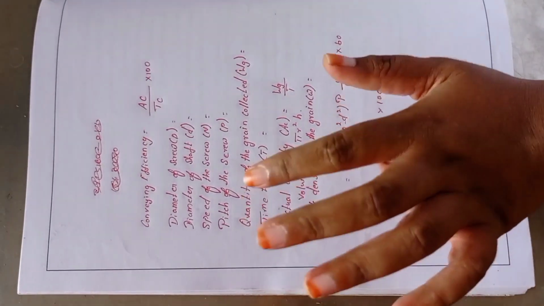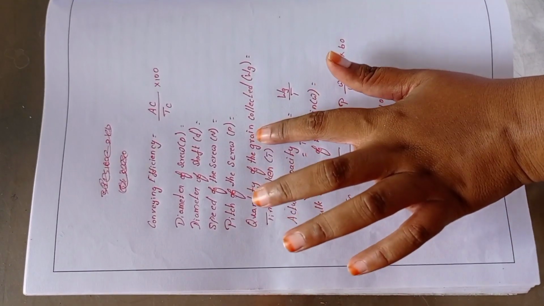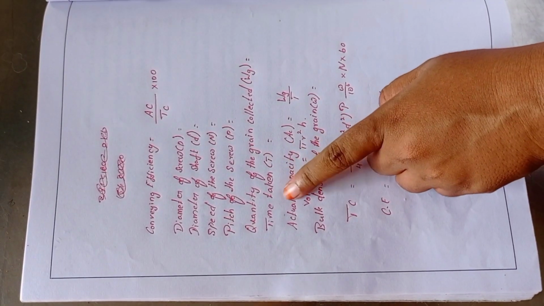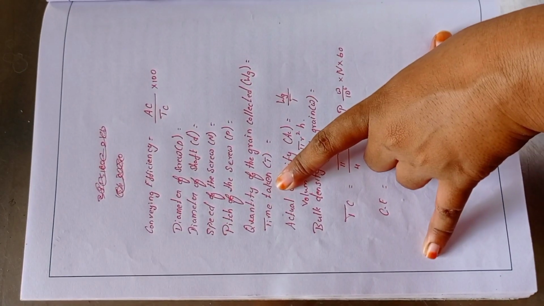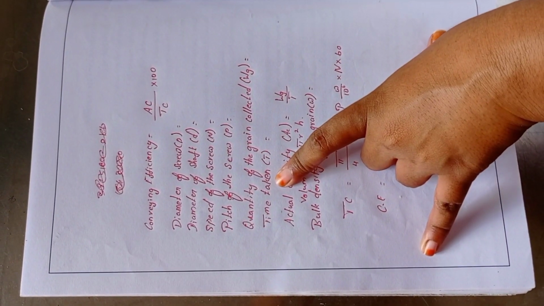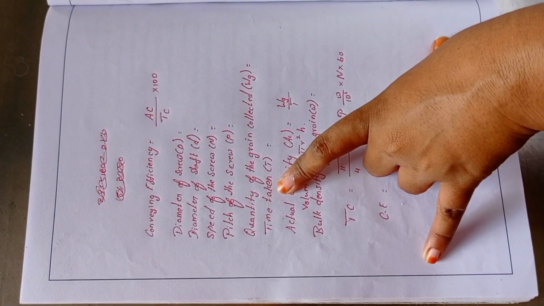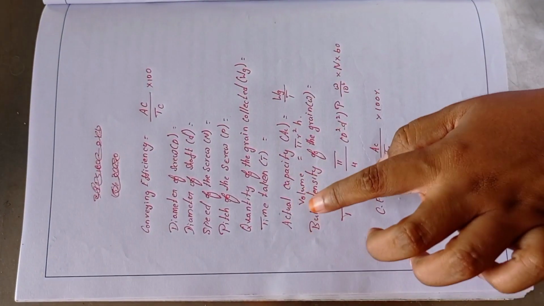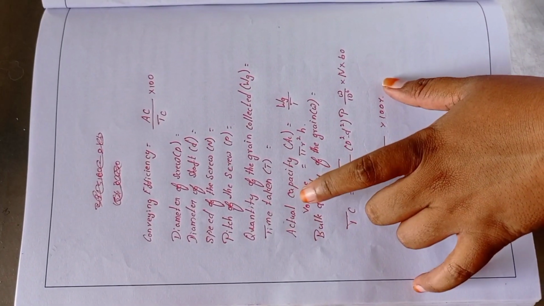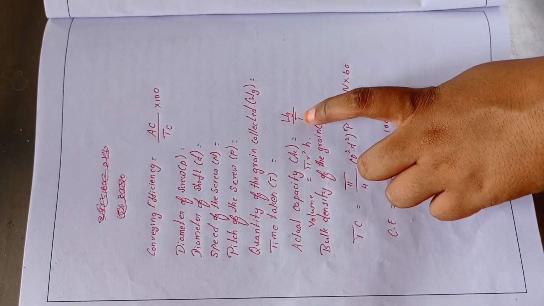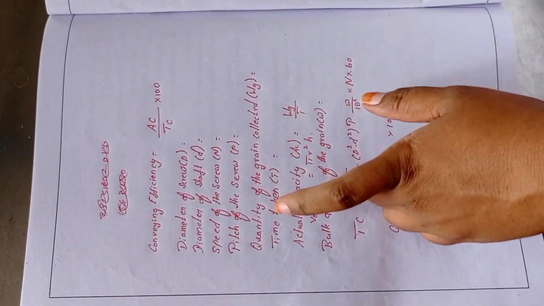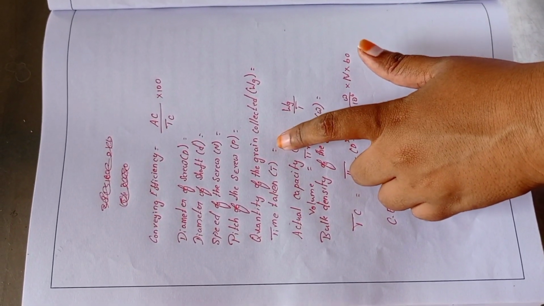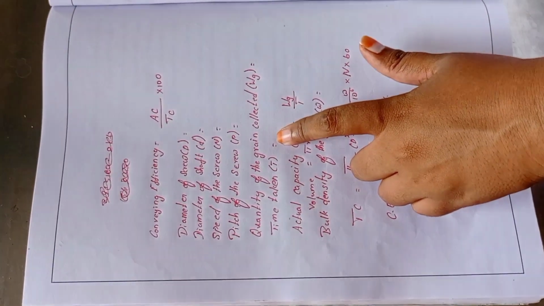Then we have to weigh the quantity of the grain which we fed in the feed hopper, and the time taken indicates the time taken to travel from the feed hopper to the end of the discharge part. Actual capacity is equal to weight divided by time taken, that is, the quantity of the grain collected in the discharge part divided by the time taken for the travel.